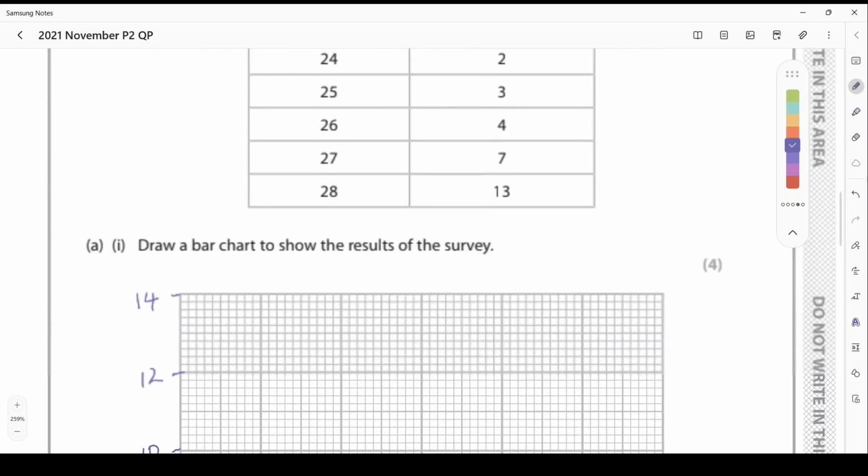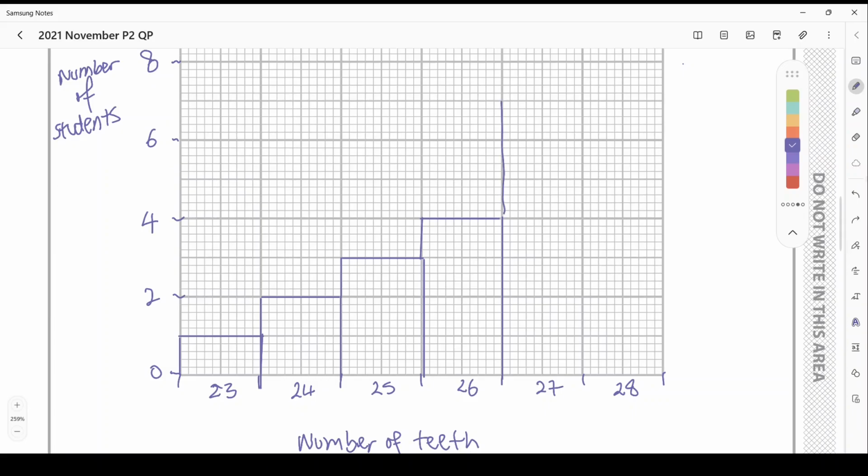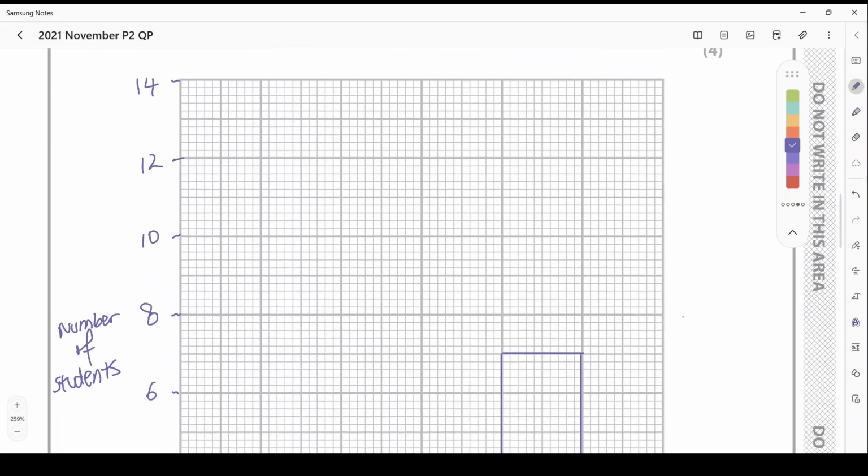All right, 27 is 7, so that is between 6 and 8. And the last one is 13, so that's all the way up there.